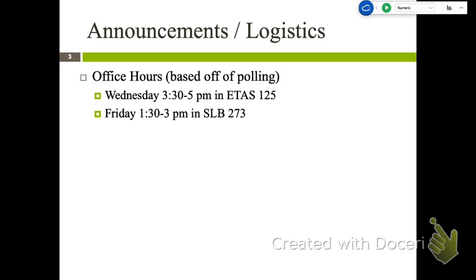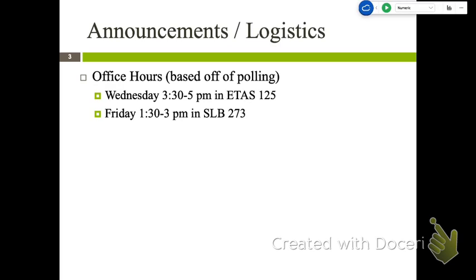Logistics. I did send out a poll, and I had 23 respondents, so I know it wasn't a majority of the class, but it's difficult to get responses sometimes. But based off of that, a large majority of our students could meet before this class on Wednesday. There were about 6 students who weren't available during that time, but a number of them were available Friday during that second time slot.